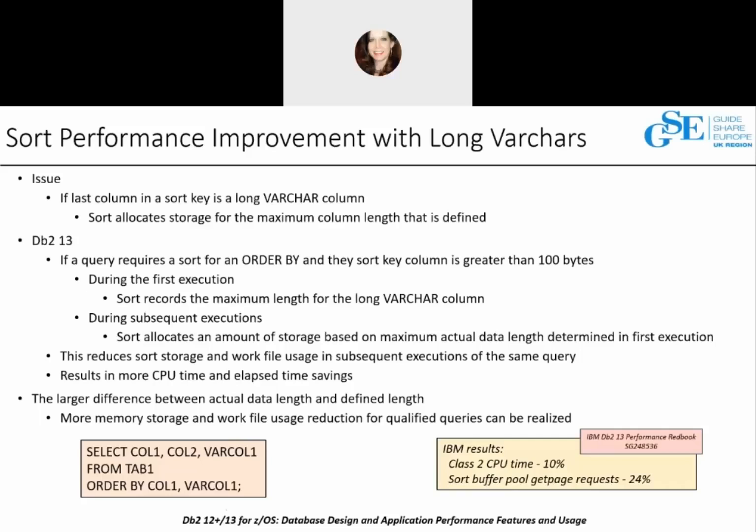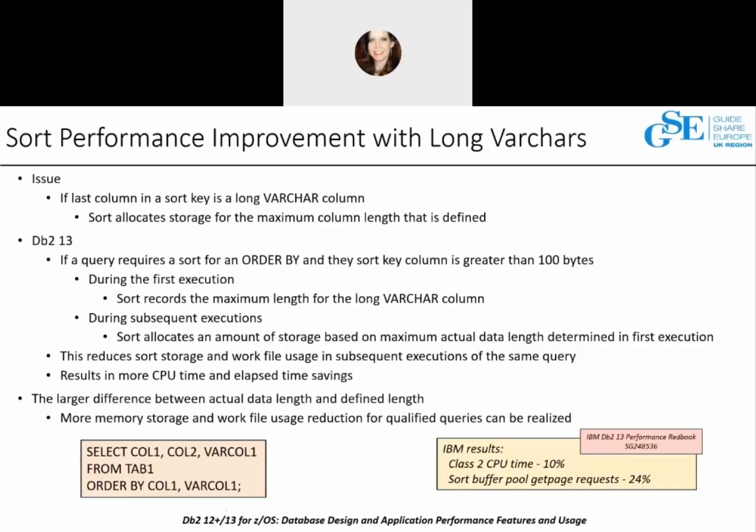With a varchar column, that's particularly true, because while the varchar may be defined as 200, if you're only using 10 bytes, it doesn't matter to a sort. If the varchar is defined to be in the sort, it will pad to the full length. So this feature will allow the varchar to be a little bit smarter.